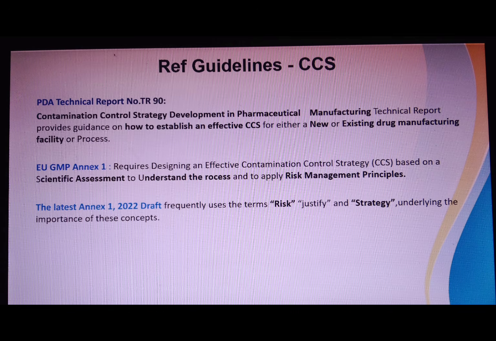EU GMP Annex 1 requires designing an effective contamination control strategy based on scientific assessment to understand the process and to apply effective risk management principles. The latest Annex 1 2022 draft frequently uses the terms risk, justify, and strategy, which underline the importance of these concepts.